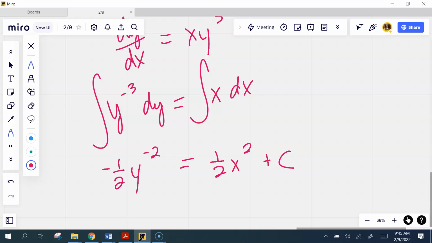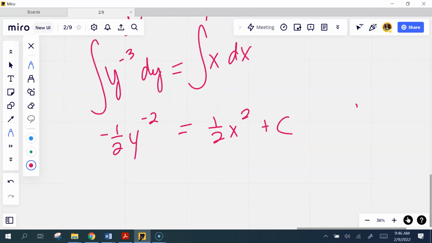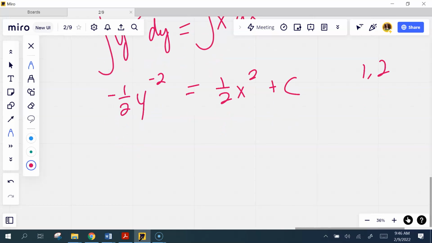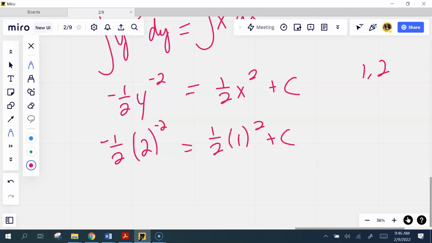There's that c. I like to go ahead and plug in my value to find c, so I've got that initial condition 1, 2. Negative 1/2, 2 to the negative 2, equals 1/2 times 1 squared. This one's a little bit harder than what we've been solving, but it's still doable. 2 to the negative 2 is 1 over 2 squared, right? So 1/4.